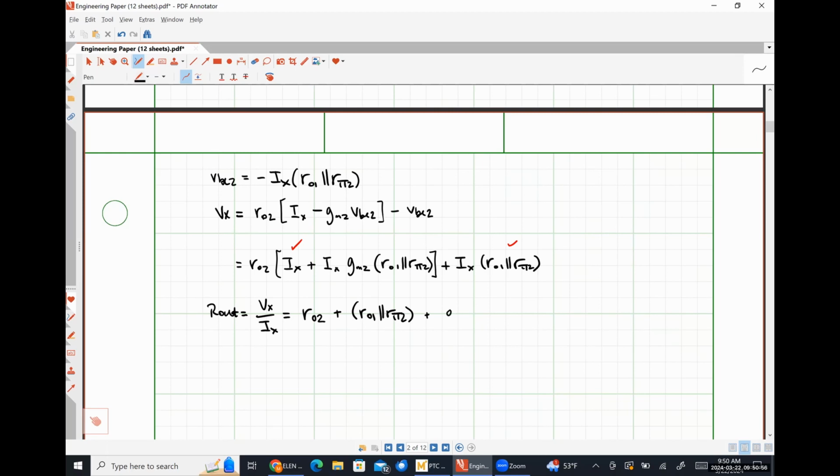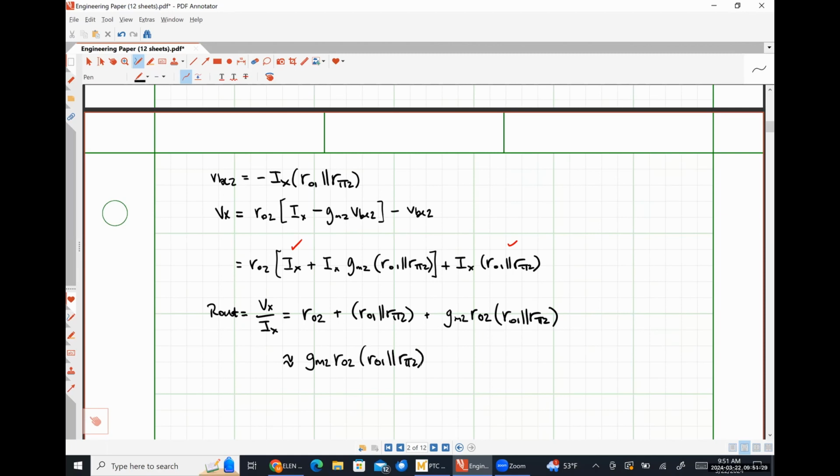That's going to be GM2 R02 times R01 in parallel with R pi 2, which should be approximately equal to GM2 R02 times R01 in parallel with R pi 2.